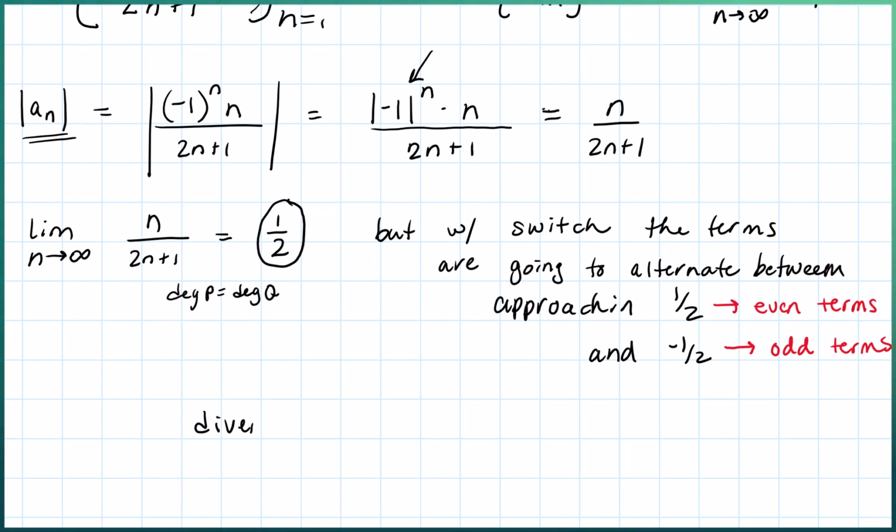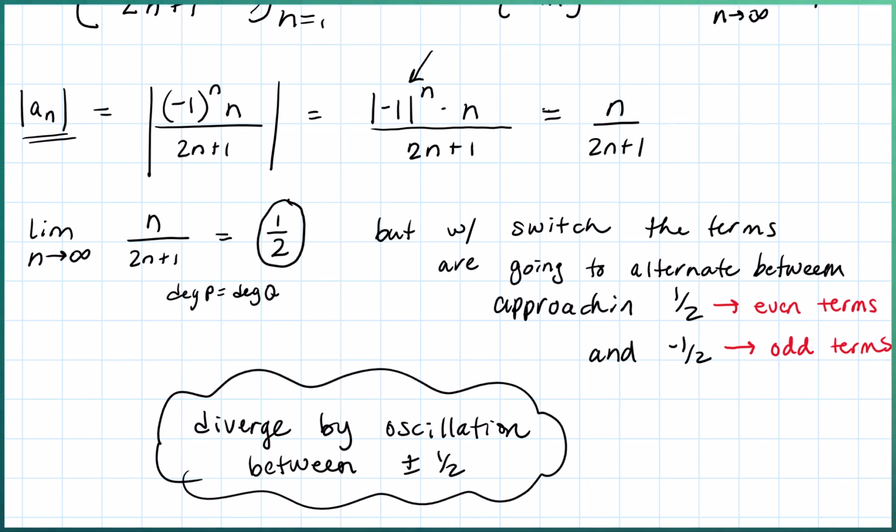This is going to diverge by oscillation between positive and negative 1/2. We're going to oscillate between positive and negative 1/2.